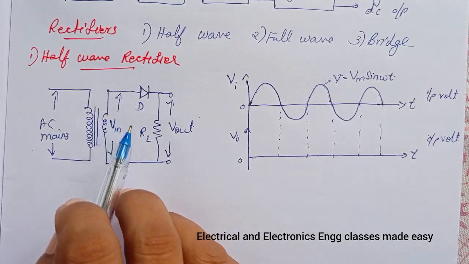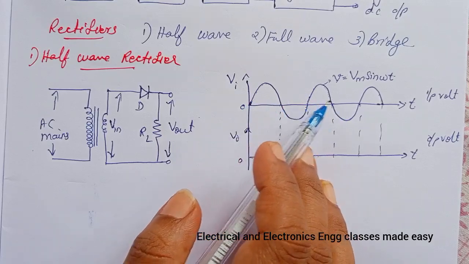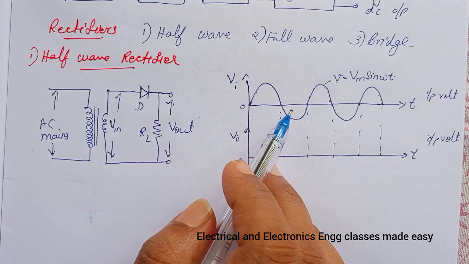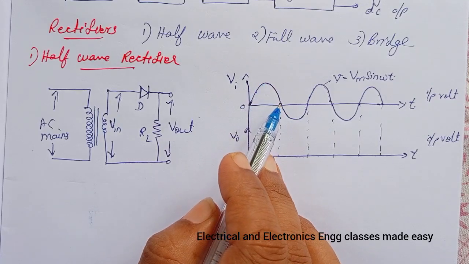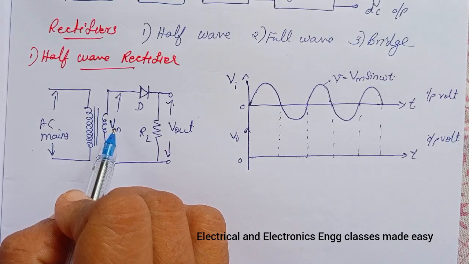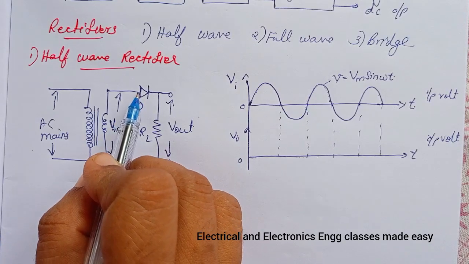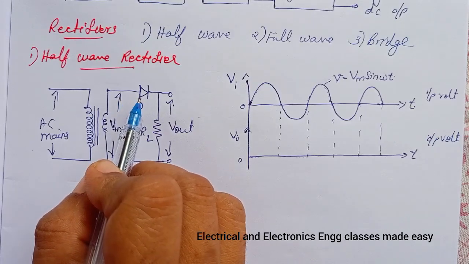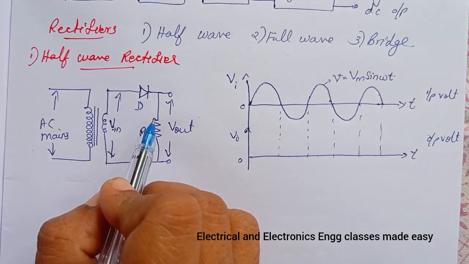And this is the input voltage we applied. This is the positive half cycle. During the positive half cycle of the input voltage, the diode D is forward biased and it conducts current through RL.